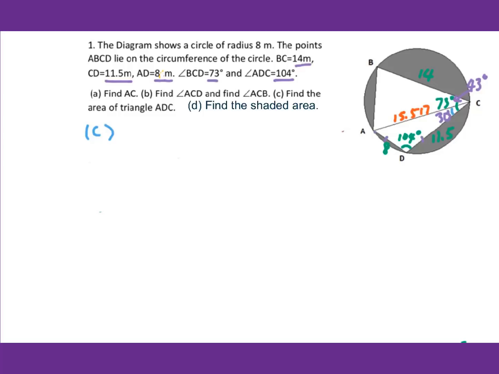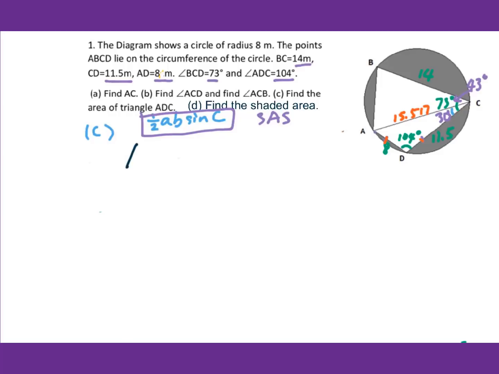For C, find the area of triangle ADC. Remember, we need 1/2 ab sine C. We need an SAS pattern for triangle ADC. We got here an SAS.